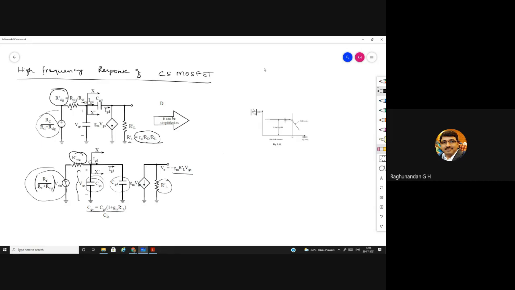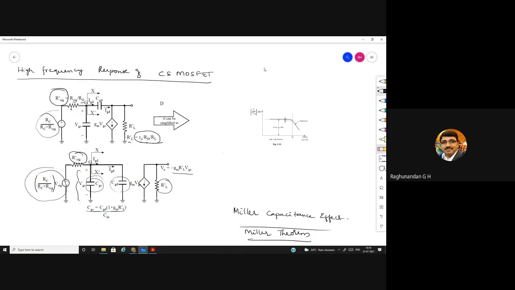Miller's theorem, or the Miller capacitance effect, is not there in your syllabus, but you should know what it is.